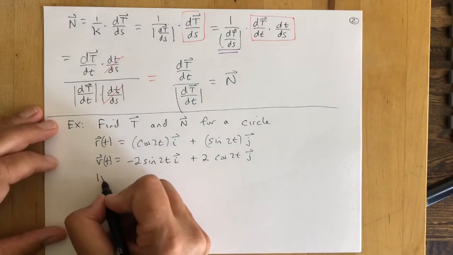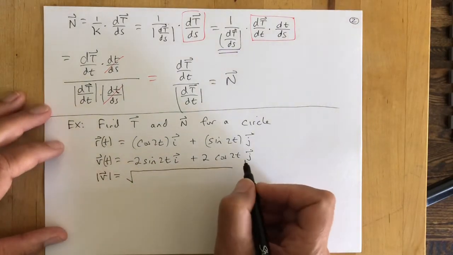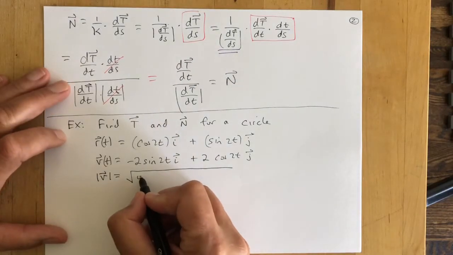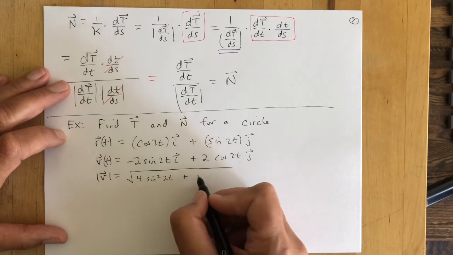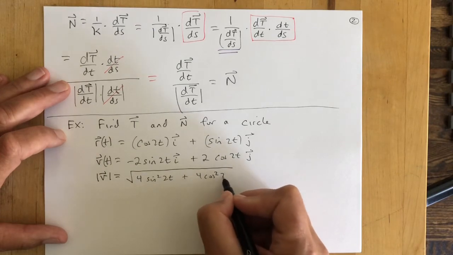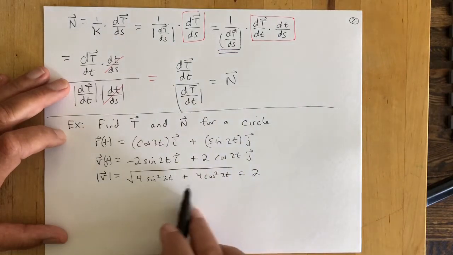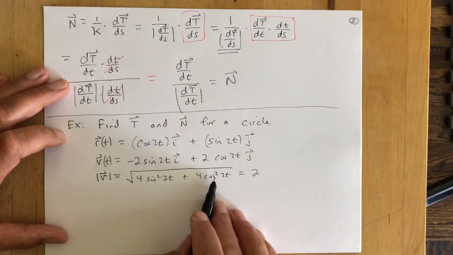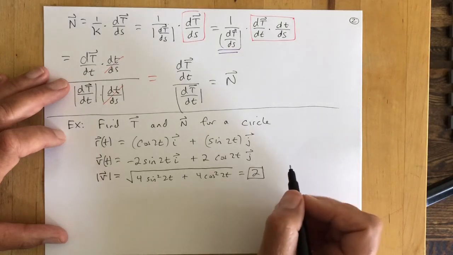Then we have to find the norm of v, which is what? The square root of 4 sine squared 2t plus 4 cos squared 2t. And that turns out to be 2. When you factor this 4 out, you get sine squared plus cosine squared, which is 1, and the square root of 4 is 2. Now we get that.